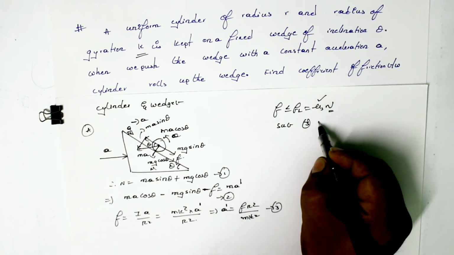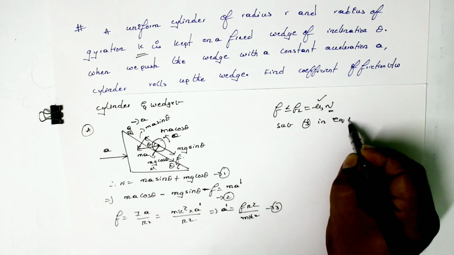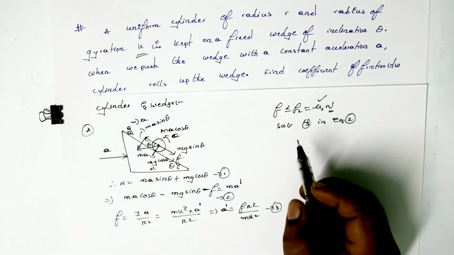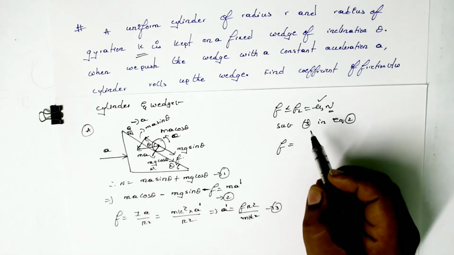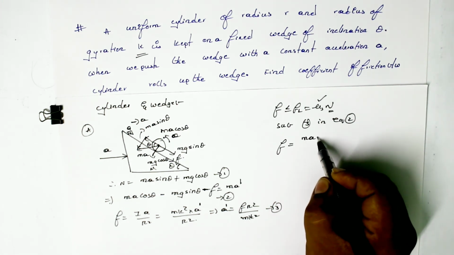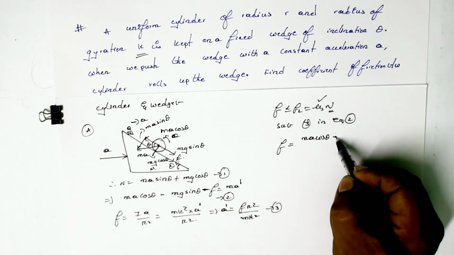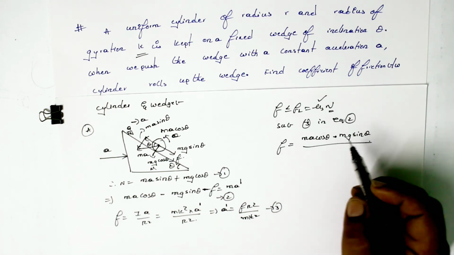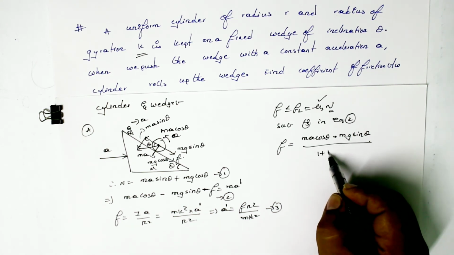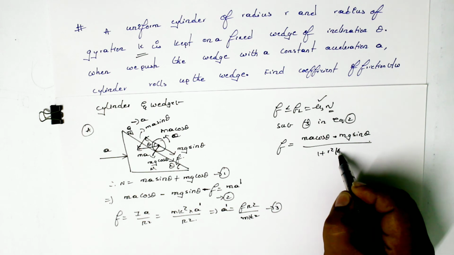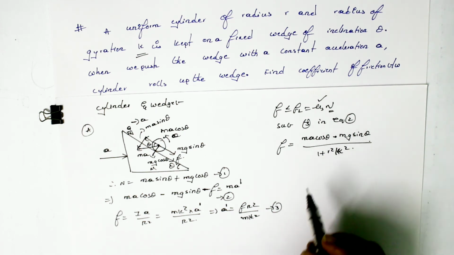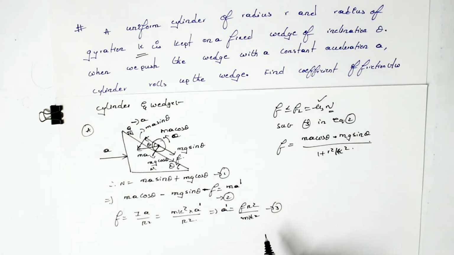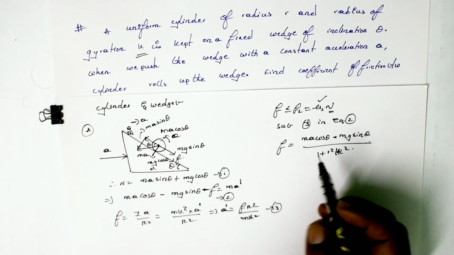Substituting equation number 3 in equation number 2, I will get an equation for friction. The friction equation I will get is F equals ma cos theta minus mg sin theta, divided by 1 plus r square divided by k square. This is the relation for friction if I substitute this a dash relation in equation number 2.